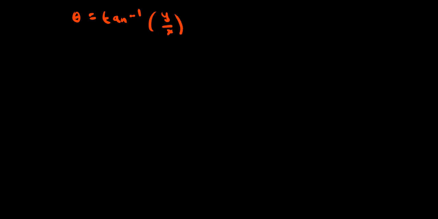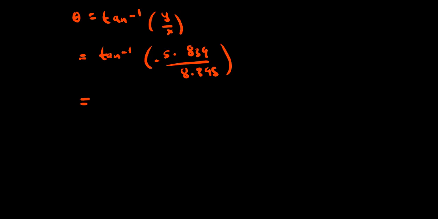In this case, we are talking about the resultant, which we were finding. So tan inverse of my y, which is 5.839. Then I divide by negative 8.395. Okay, can plug this into my calculator. What do I get?